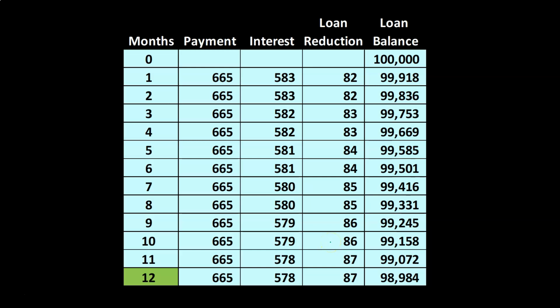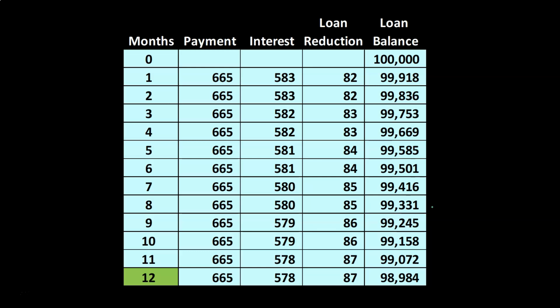So you're paying off more of the loan as time passes, even though you're making the same payment, and you're paying less interest as time passes, even though you're making the same payment, due to the fact that you're only paying interest on the balance of the loan as the time passes.